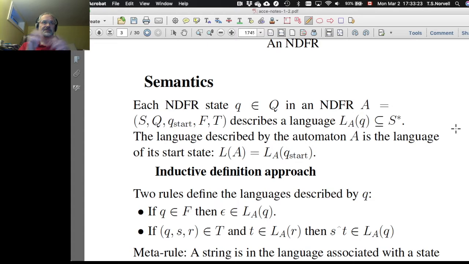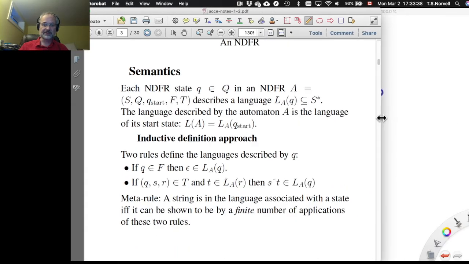If there is such a proof, then the string is in the language of the state, and if there's no such proof, then it is not. I think I said the string is in the state; what I meant is the string is in the language of the state.